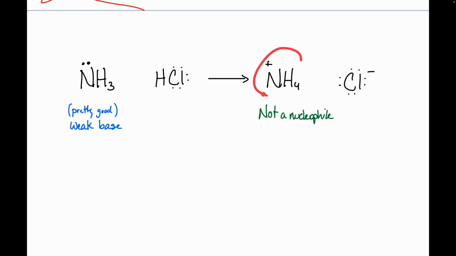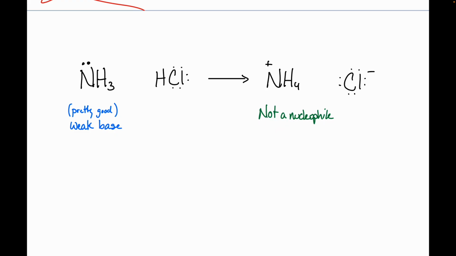It'll just get protonated here, and this is no longer a nucleophile. How do I know it's not a nucleophile? Not only does it not have a negative charge, it's got a positive charge, and it doesn't have a lone pair. It can't donate any electrons at all, right? So as soon as we protonated nitrogen, we turn it into an absolutely terrible nucleophile, something that cannot be a nucleophile.